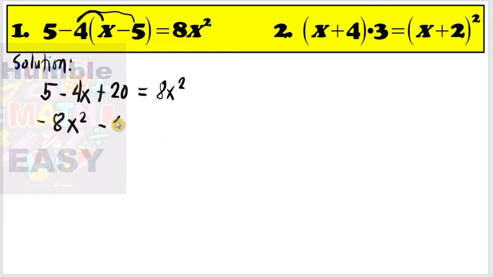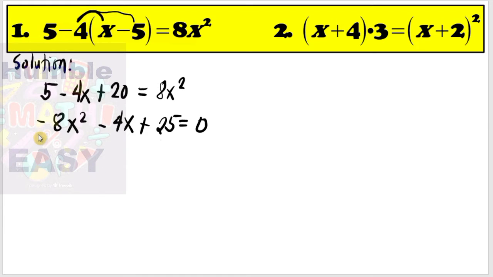Then copy the 4x. So plus 25, because 5 added to 20 is 25, is equal to 0, because the 8x squared is transferred to the left side.